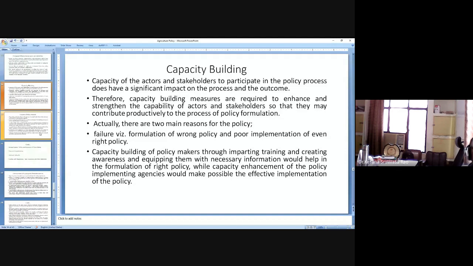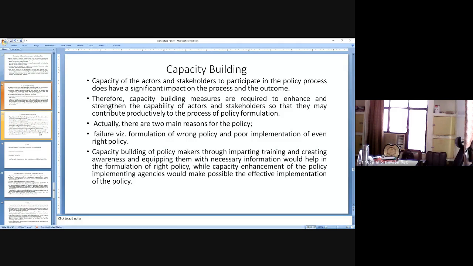Actually, there are two main reasons for policy failure: formulation of the wrong policy, and poor implementation of even the right policy. Okay, so capacity building of policy makers through imparting training, creating awareness and equipping them with necessary information would help in the formulation of the right policy.